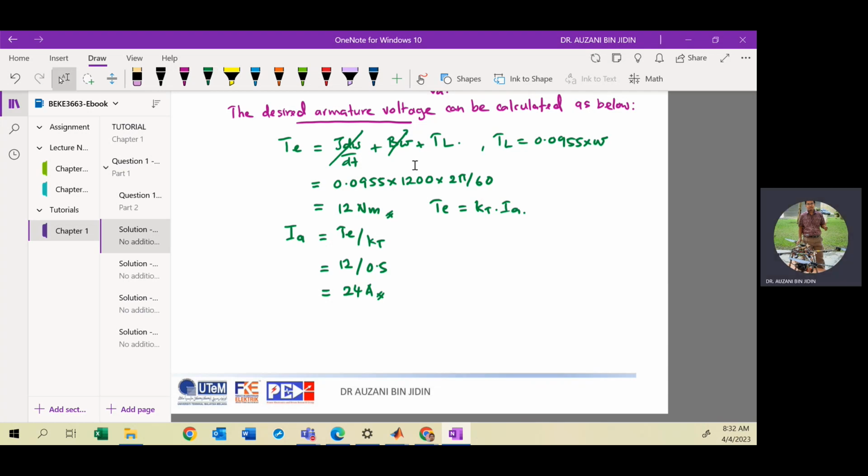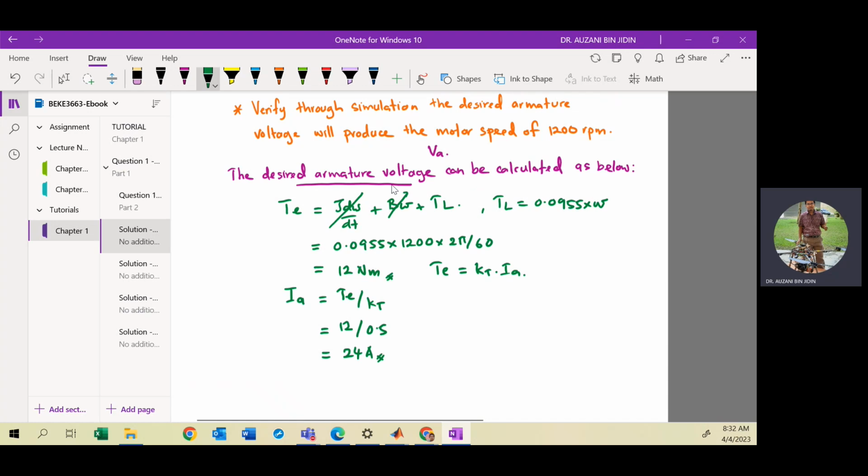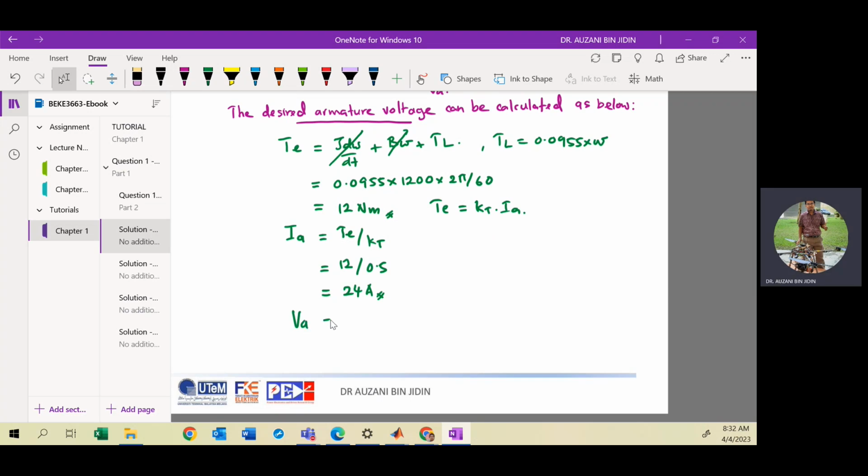Okay, then finally you can calculate VA, the desired armature voltage to be applied across the motor input terminal. So VA is IA times RA plus KE times speed.